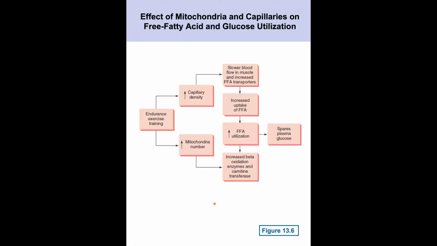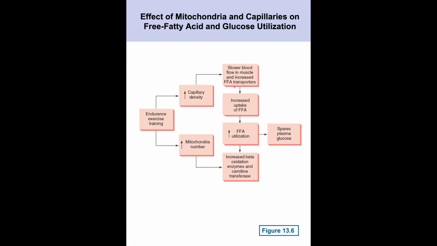So how do we mobilize fat? How do we primarily use this? Well, what happens is, like I said, you get more roads, right? You get more blood delivery and more mitochondria. And what that does is it slows down the blood that's getting to the muscle.